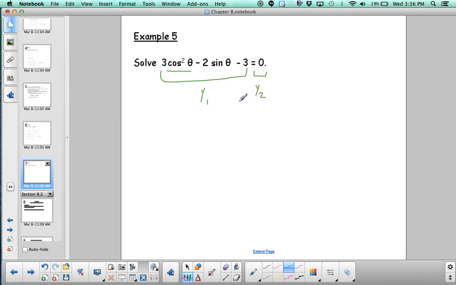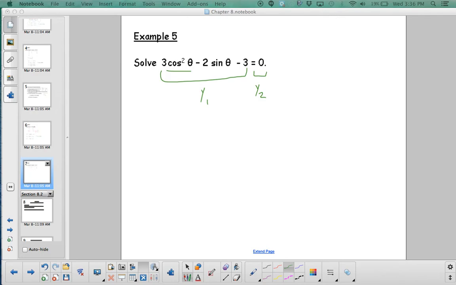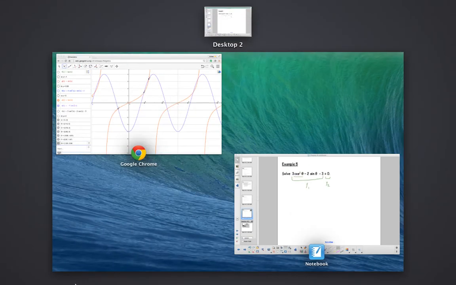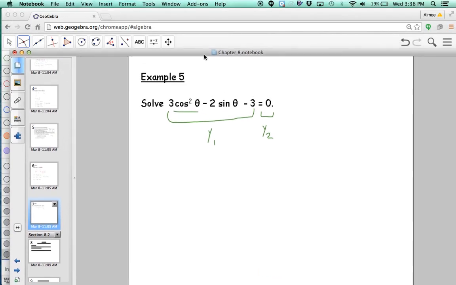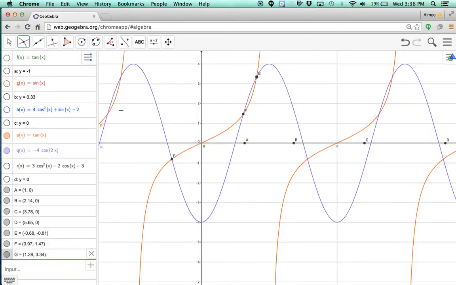Or if you're using your calculator, you can, as long as the y2 is equal to 0, you can just find the zeros and you would do left boundaries and right boundaries. Either of those methods would be fine. There we go. Okay, so here we go for our last ones.